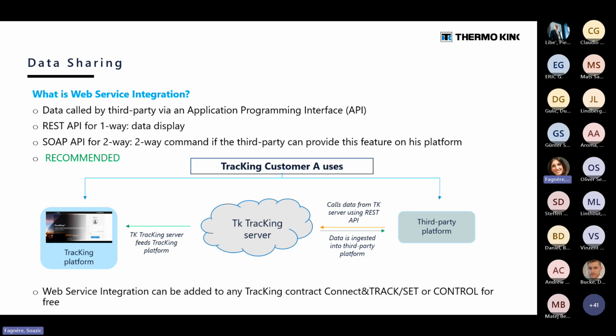So if the third-party platform can provide the two-way capability, they will have to use the REST API to get the data of the units, and the SOAP API for the two-way communication capability, so that the customer can send remote commands via the third-party platform.